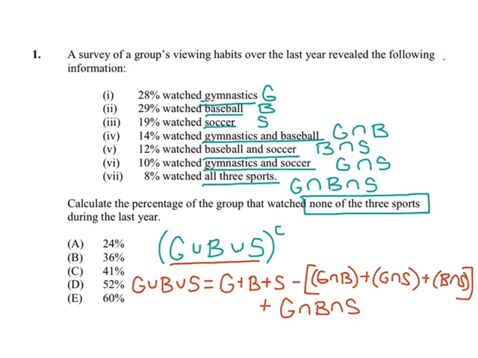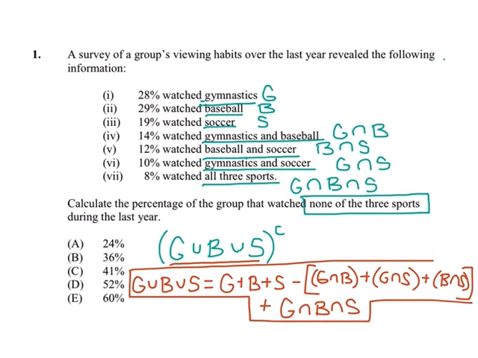Okay, this is the formula you need to know. The union of 3 sets is equal to the sum of each of the sets minus the intersection of each pair plus the intersection of all 3. So I can go back up here and just fill this stuff in.